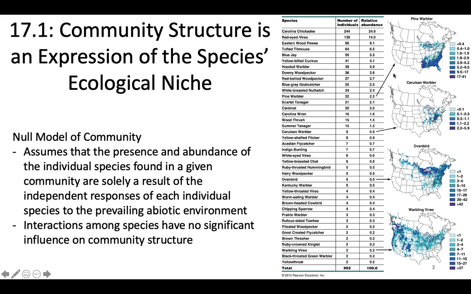So just to illustrate, this isn't really an illustration of the null model, but it's just an illustration of looking at individual species distributions independently from their community interaction.